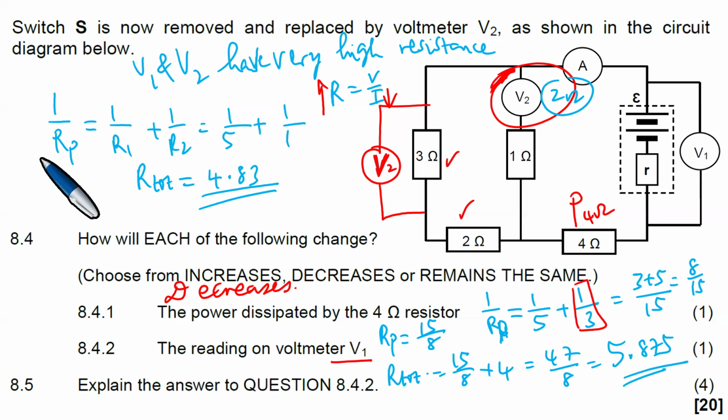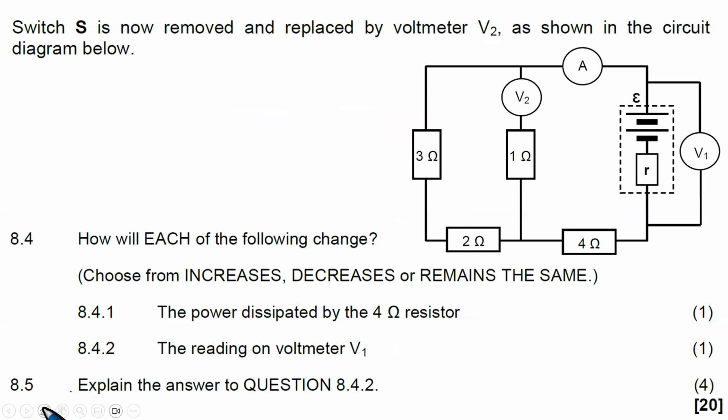Okay, this one is a tricky one. But here we've already said this one decreases, yeah? But what about the reading on voltmeter V1? What's going to happen to it? Okay, they even said explain. 4 marks explanation.